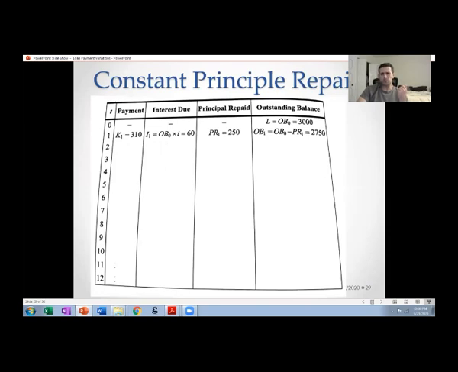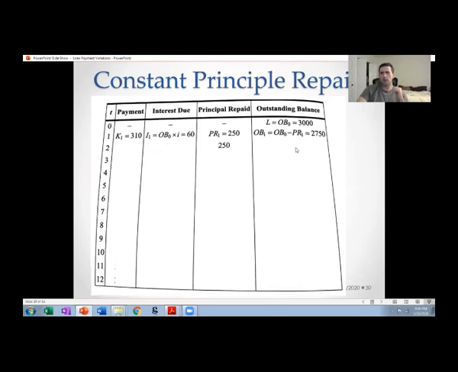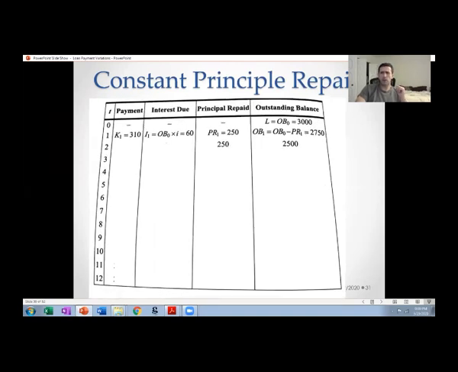Okay. Now let's figure out everything for one more period. So again, same thing, 250 principal paid at the end of the second period. That means you're chipping away at the $2750 by $250. So $2750 minus $250 is $2,500.